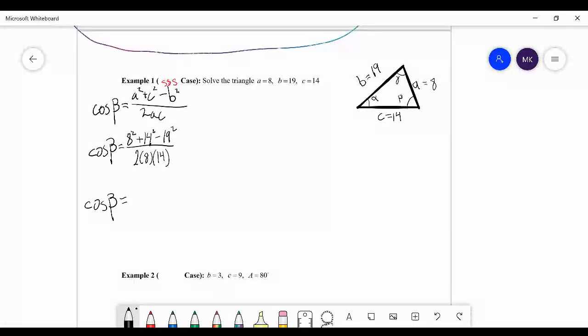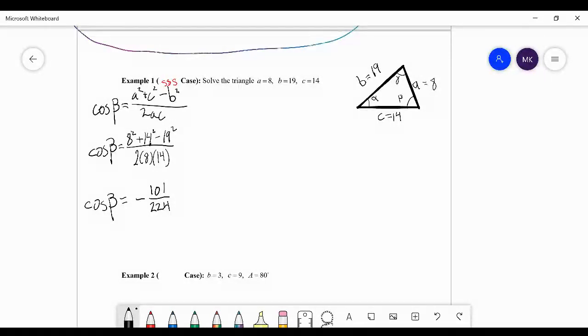So we put this in our calculator, we do some fancy mathematics with it, and what we end up with is a lovely little fraction, which is negative 101 divided by 224.